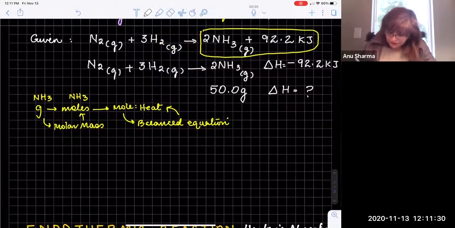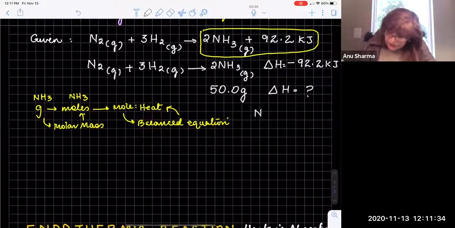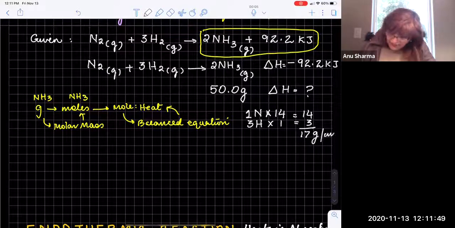Now let's do this first. For the molar mass of ammonia, nitrogen is 1 nitrogen times 14, 3 hydrogens times 1 each, and that gives you 14 plus 3 equals 17 grams per mole.